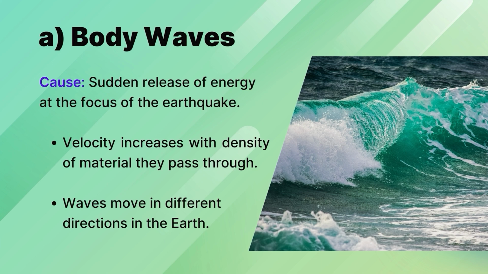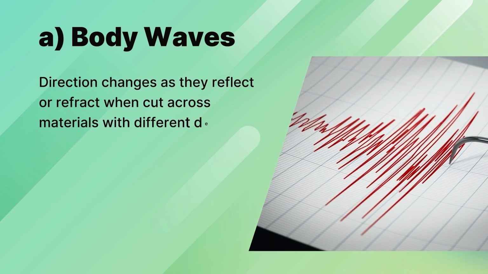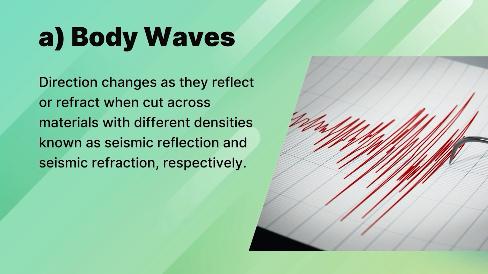So wave velocity increases with the density of material they pass through. Waves move in different directions in the earth. Direction changes as they reflect or refract. They change their direction as they reflect and refract when cut across material with different densities, known as seismic reflection and seismic refraction respectively.